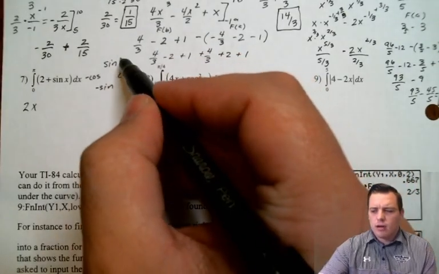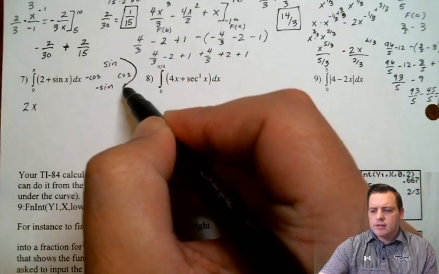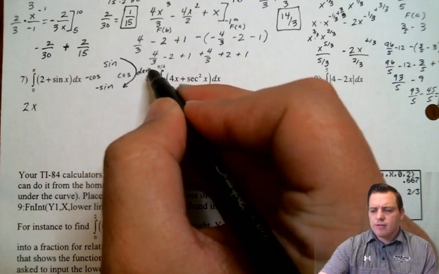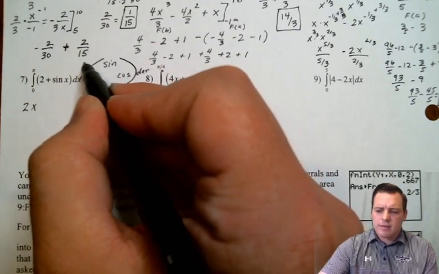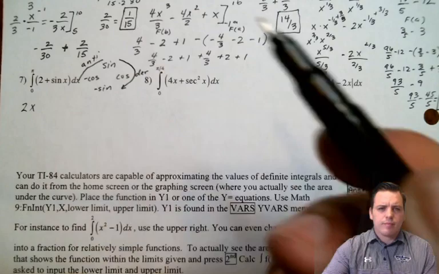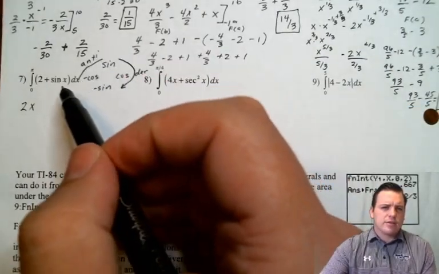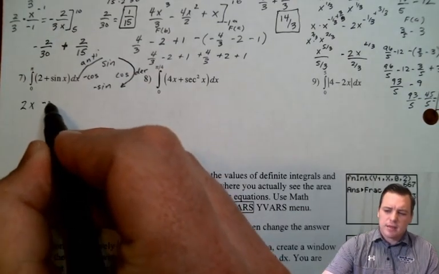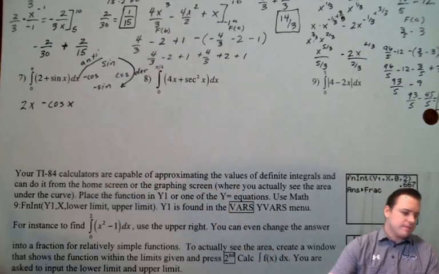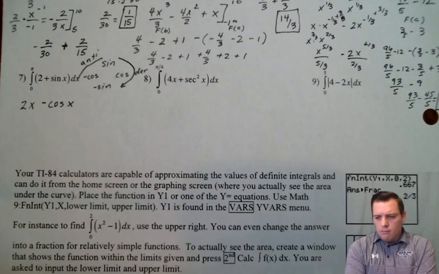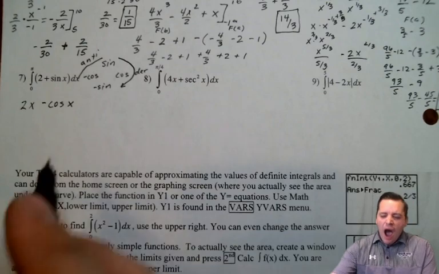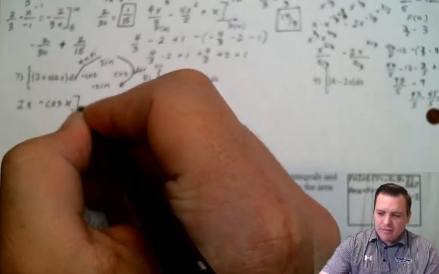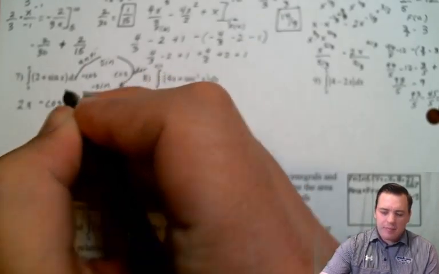Now to go clockwise would be taking the derivative. To go counterclockwise would be taking the antiderivative. So I want to find the antiderivative of sine, so go counterclockwise, and that would be minus cosine x. Now do that from 0 to pi.